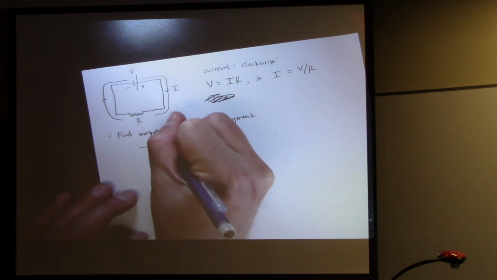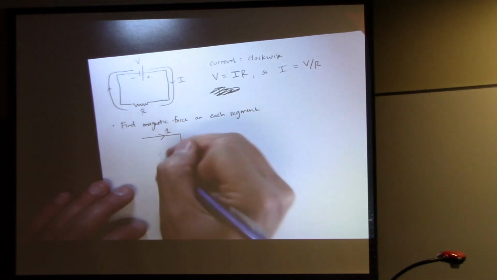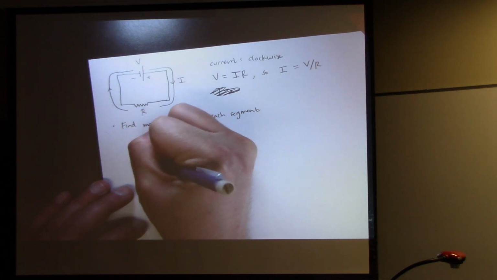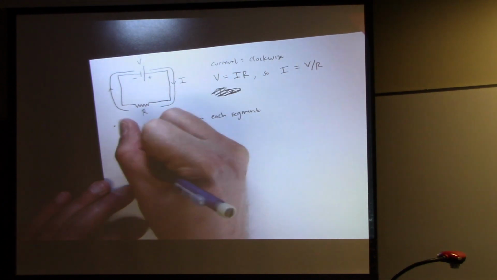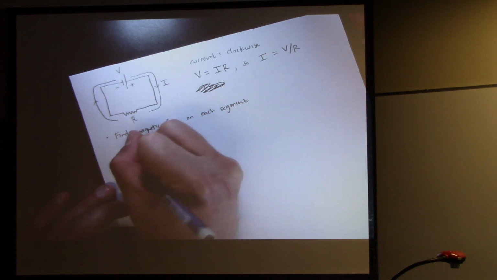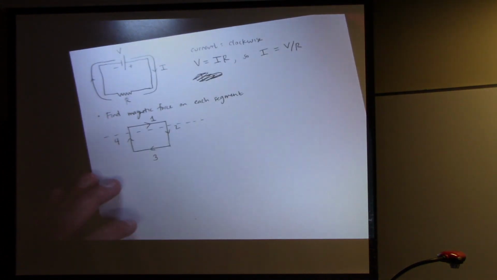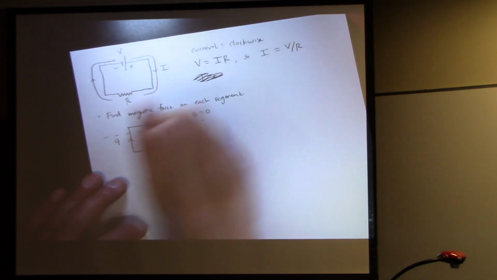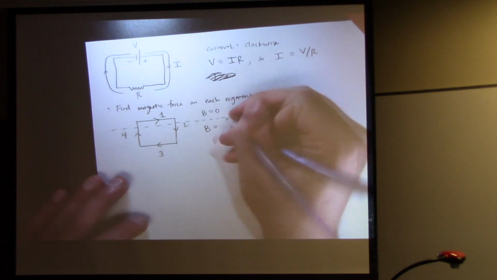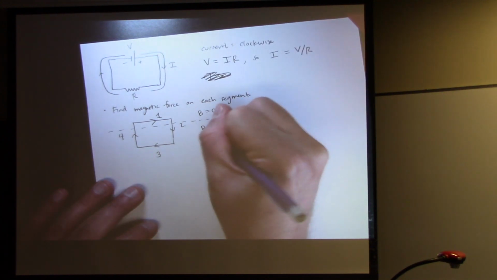Let's call this segment 1 on the top, segment 2 on the right side, segment 3 on the bottom, and then segment 4 on the left side. And I'm going to show that only part of the circuit is actually in the magnetic field by drawing this little line. So B is equal to 0 above that line. But below the line, B is equal to 1.45 Tesla, and it's pointing out of the page.